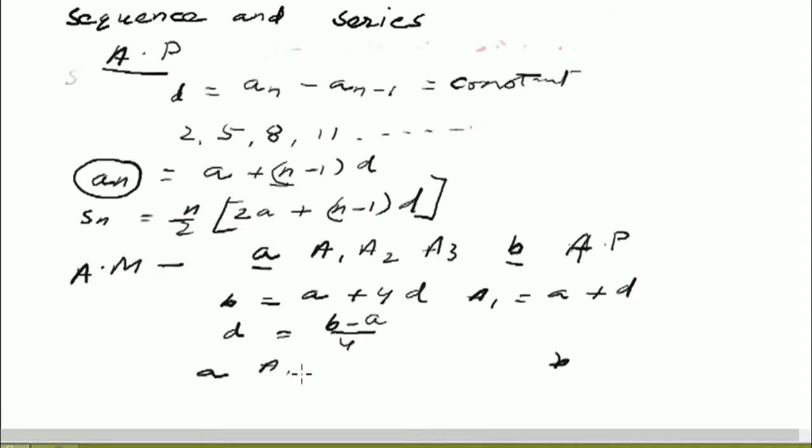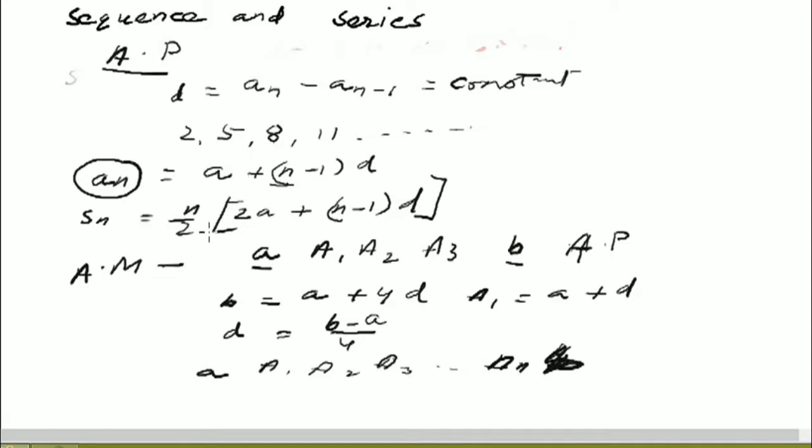Now we are inserting n AMs between two numbers A and B. See, we have inserted the AMs, so the series is in AP. See, A and B are the two terms, between them we have inserted n AMs, A1, A2, A3 up to An.